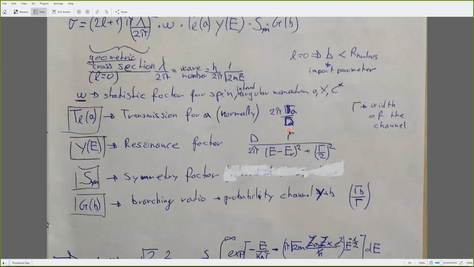D is the size of the energetic dimension of the state that we created.